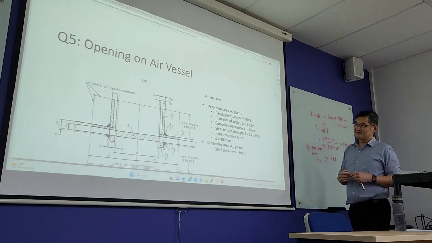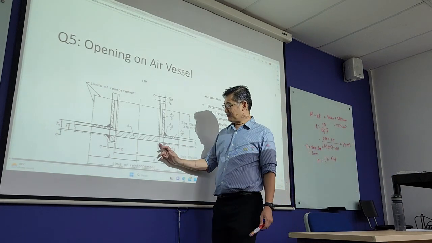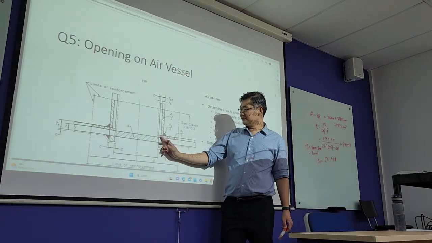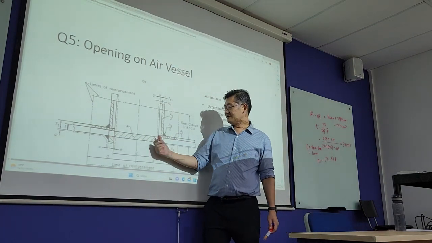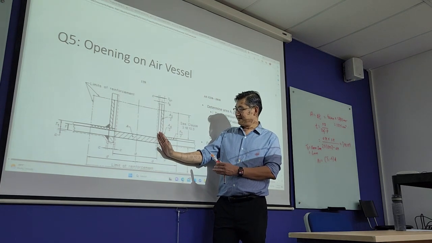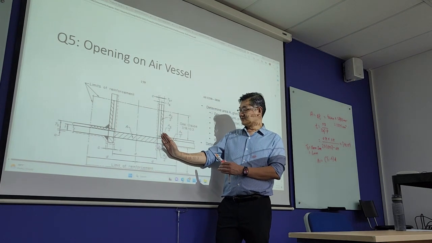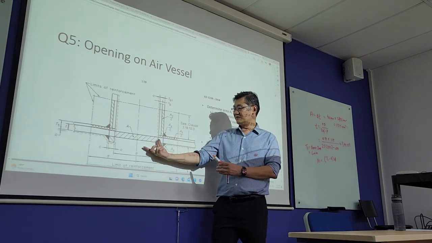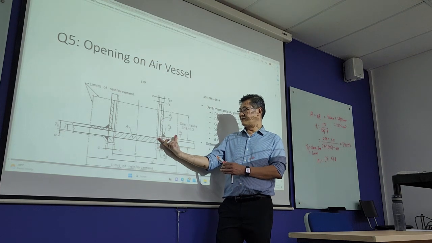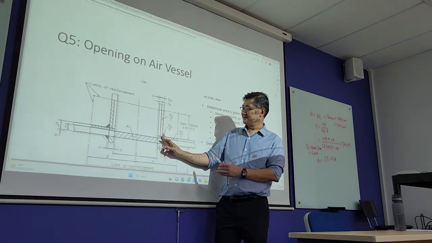So the idea is this. This is your opening. How they measure A1 is half of the diameter here. That means what we are able to reinforce is half of the diameter here, the distance, half of the diameter including the pipe.